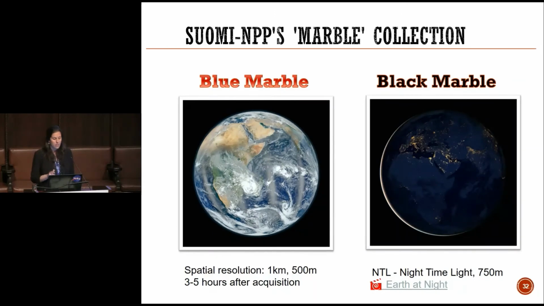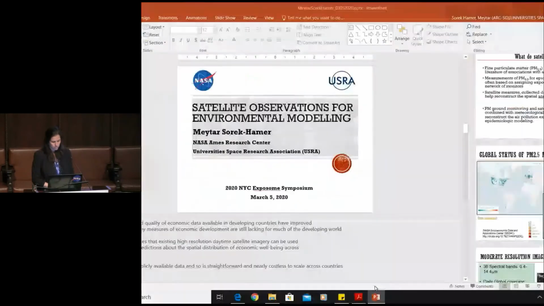And the second one is the Black Marble, which provides the nighttime light in a relatively high resolution of 750 meters. And we'll see another short movie and look into some socioeconomic uses of this product.